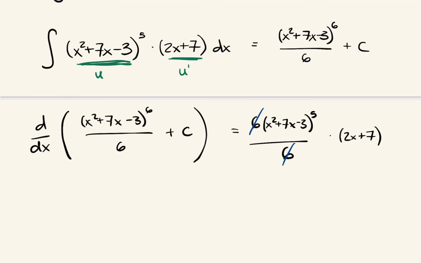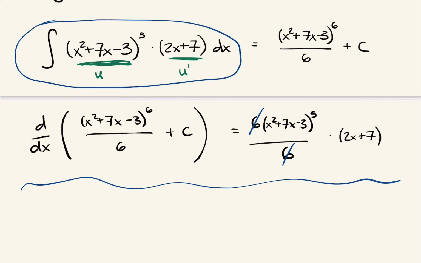So we just happened to notice that the derivative here shows up over here. But more formally, how would we do this? Well, we might see that the most complicated part of this whole function is this thing that's being raised to a 5th power. So how I would solve this if I were given this problem originally is I would write u equals x squared plus 7x minus 3.